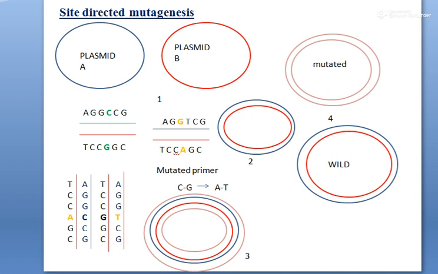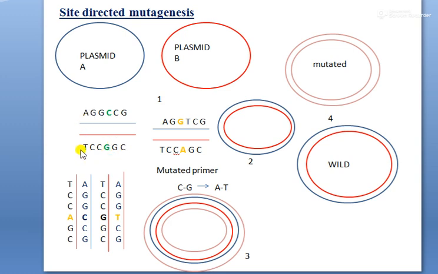So first of all, this is single stranded DNA, that is plasmid A and plasmid B. This is a fragment of plasmid A, with the sequence AGGCCG, and this is the fragment of plasmid B, with the sequence TCCGGC.